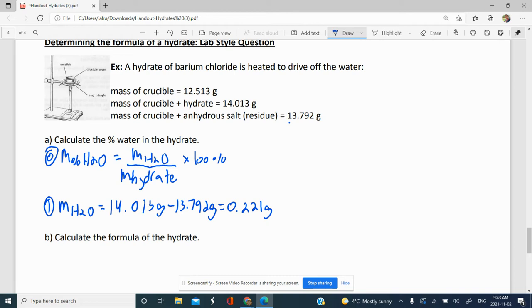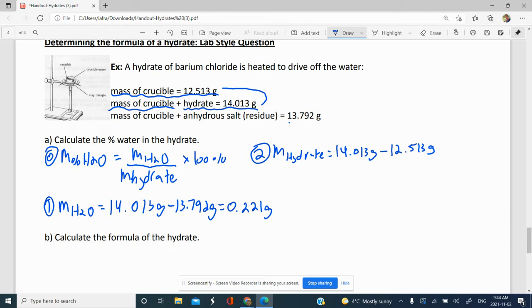If you look carefully, you have the mass of the crucible, meaning the container. And then you also have the mass of the crucible with the hydrate in it. So if you want to figure out the mass of the hydrate that you just put in, you can simply subtract these two values. So the mass of the hydrate is going to be the mass of the crucible and the hydrate, 14.013 grams, minus the mass of the crucible itself, 12.513 grams.